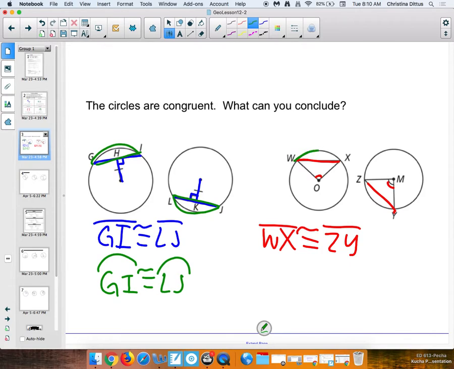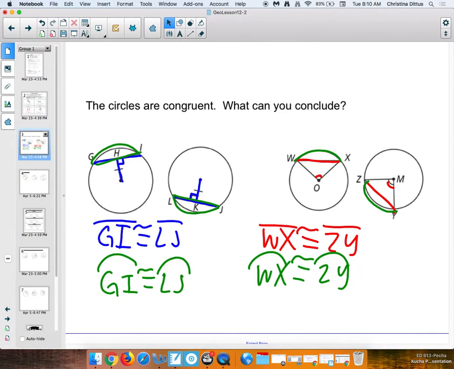Yep. Same letters. Arc WX is equal to arc ZY. Do we have to do the congruent sign or can we do just the equal sign? Yeah, I'm not too picky. Okay. Questions there.